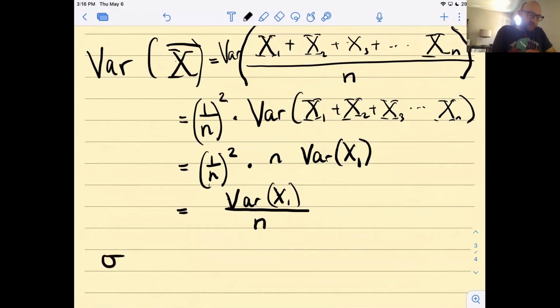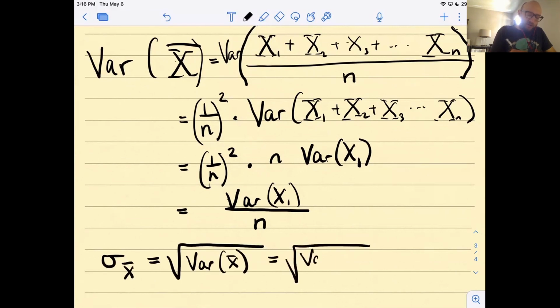So the sigma of x bar is equal to the square root of the variance of x bar, which is equal to the square root of the variance of x1 over n, which is equal to sigma x, or x1 if you want, they're all the same. But now the denominator becomes root n.